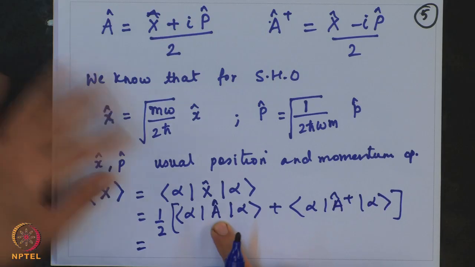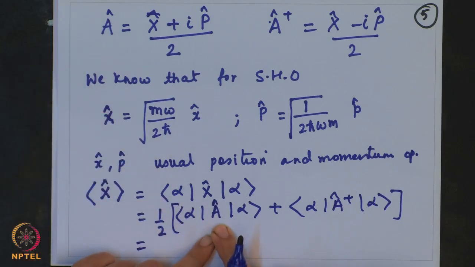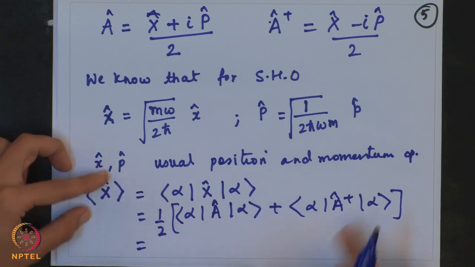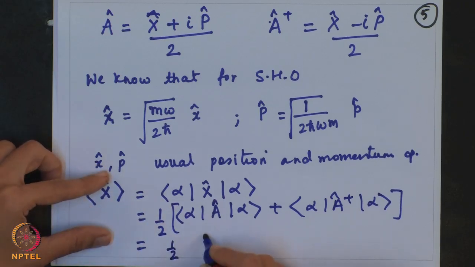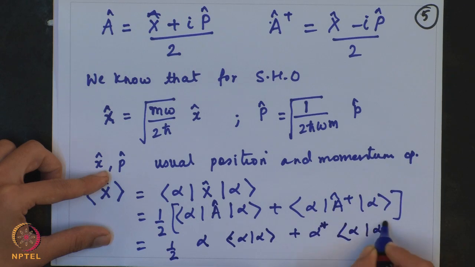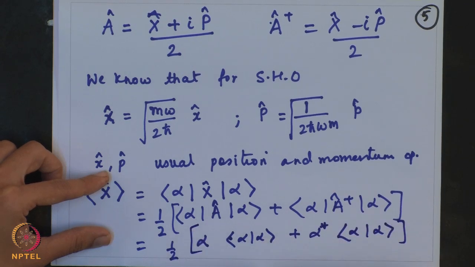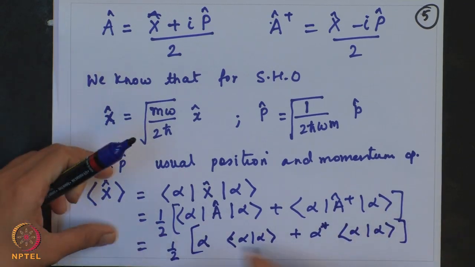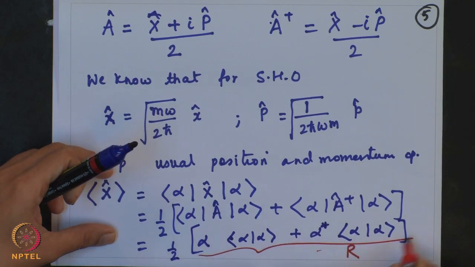And when you operate this, this will give me an eigenvalue alpha, and this will give me alpha star. So, I will have alpha plus alpha star, and these are normalized eigenkets. So, this is of the form 2 times the real part, so I can write it as the real part of alpha.